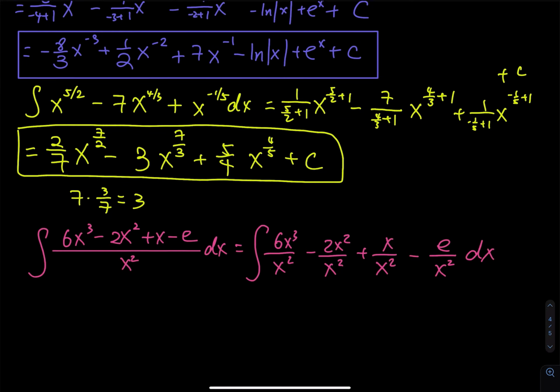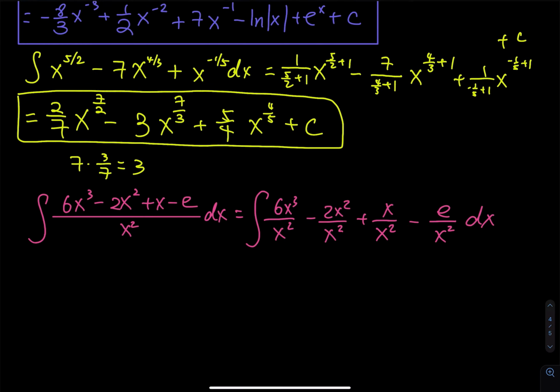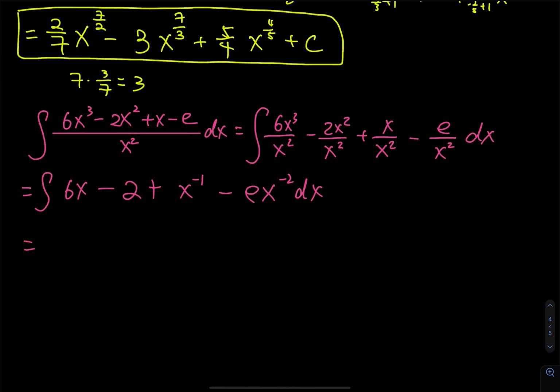Okay, and then let's clean up the exponents. So we have the integral of 6x minus 2 plus x to the negative 1 power, and then minus e x to the negative 2, dx. Okay, the integral of 6x, so that will be 1 plus 1, right? So x to the 1 plus 1, 6 divided by that.